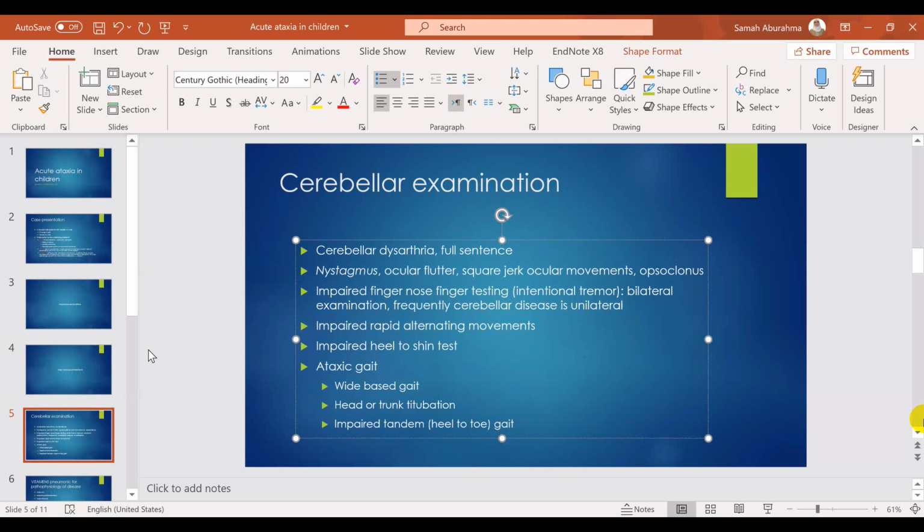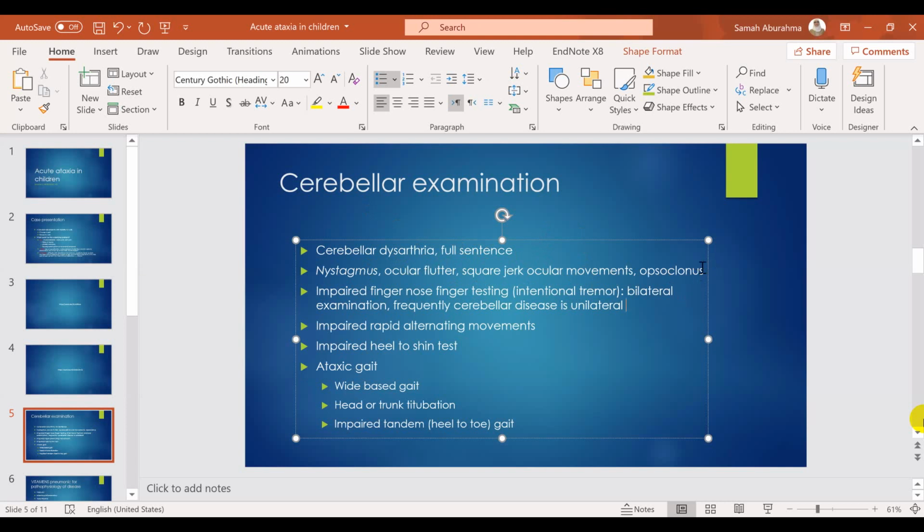Yes, question? Regarding the oculomotor findings, do they all have the same examination, or does each one have a different examination? They look different. Nystagmus: you ask the patient to follow a moving object slowly from side to side. Nystagmus can be horizontal, and it can also be vertical. With ocular flutter, square wave jerks, or opsoclonus, usually you can see them just by observing the patient.